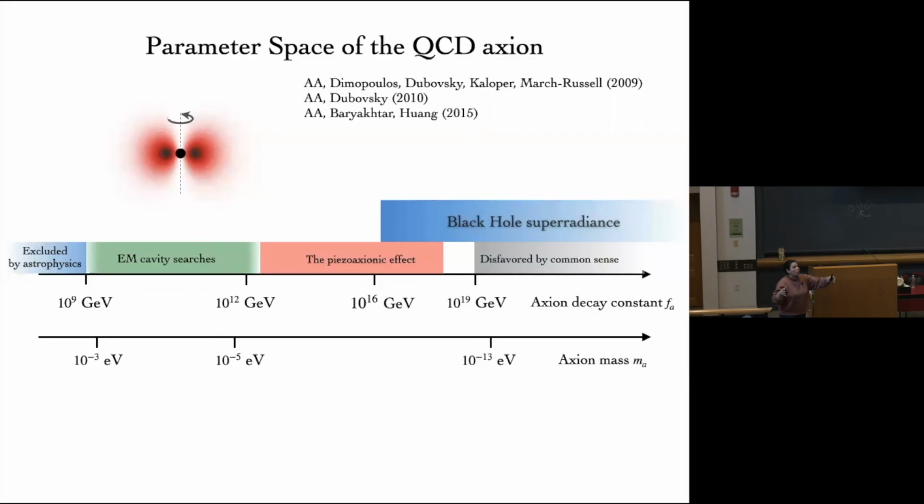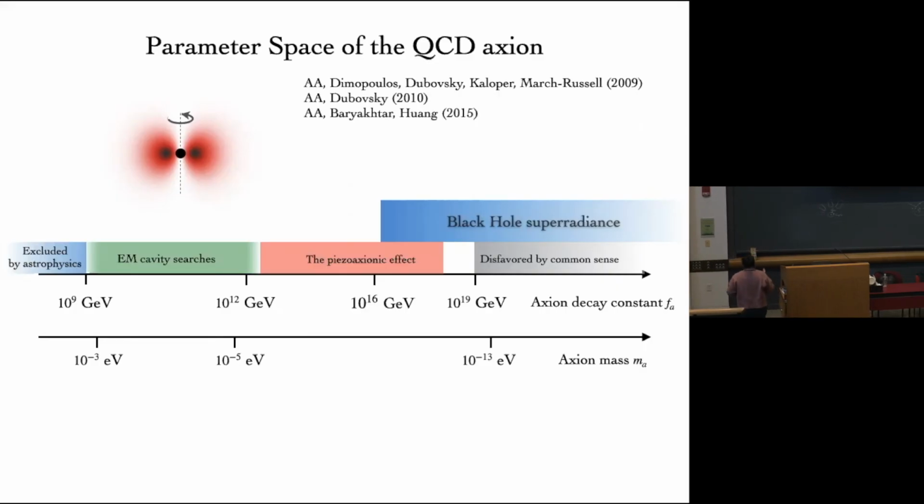So there's this cool effect called superradiance that can cause the black holes to spin down and creates a cloud of axions around the black hole that can emit gravitational waves. And you can do searches for it, for example, with experiments like LIGO. Okay? So that's something that we can discuss more later, but if I were to, I could give a talk about this because it's really fantastic physics.